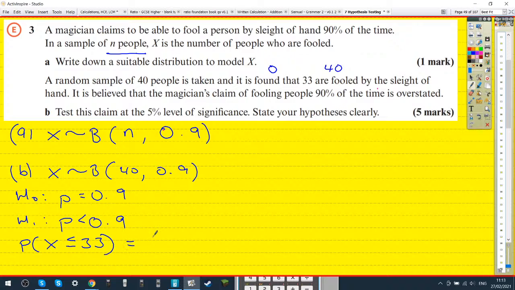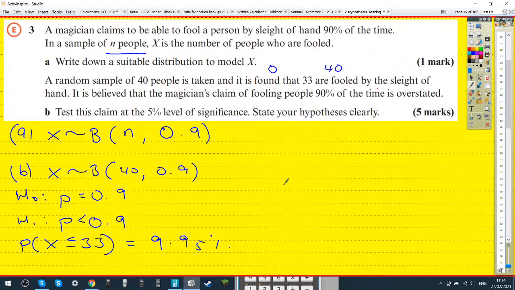I got 0.09952. I think it's 9.92%. Yeah. Okay. And so we have to test his claim. Oh, it's not. It's 9.95%. Okay.